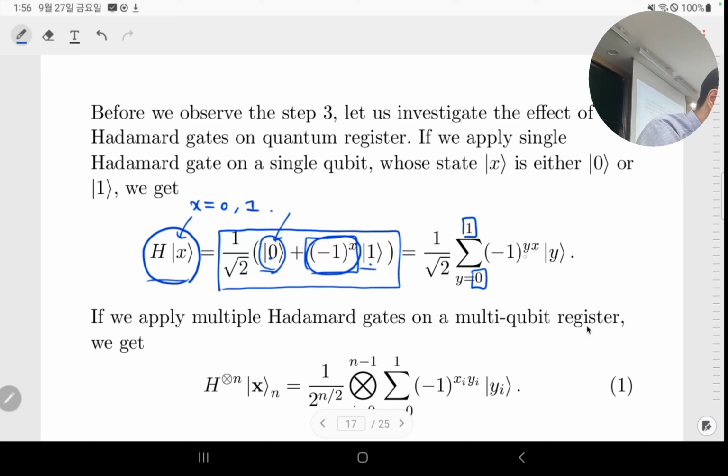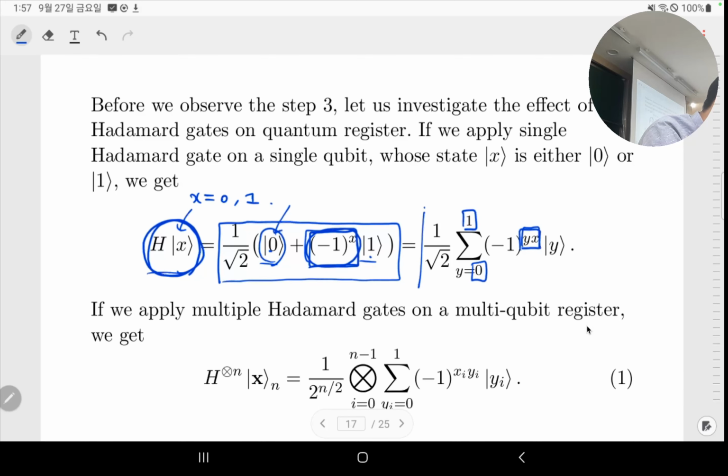So if I multiply y by x and put that as an exponent of minus 1, I always get plus 1 when y equals 0. And when y equals 1, I want this sign. So I get the same result with the same formula, y times x as the exponent. So you can rewrite your Hadamard on ket x as this formula.